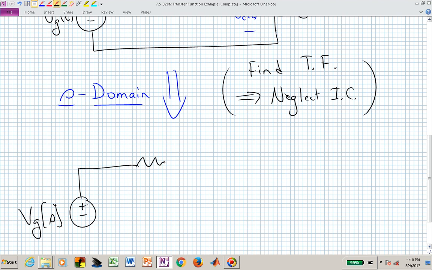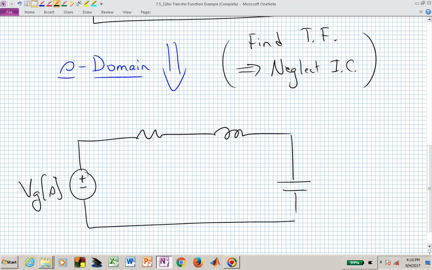We have a resistor in series with an inductor, in series with a capacitor, and each of those circuit elements has its respective impedance value. The resistor comes over as R, the inductor as SL, and the capacitor as 1 over SC.